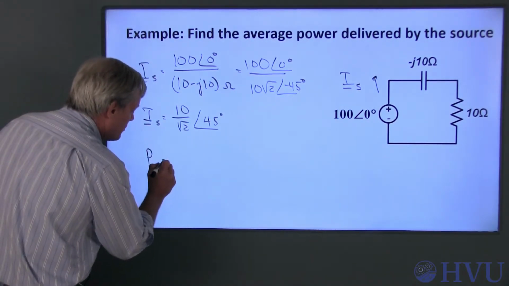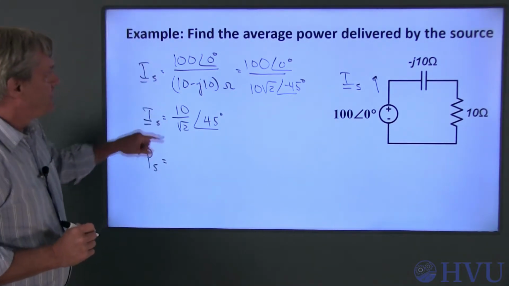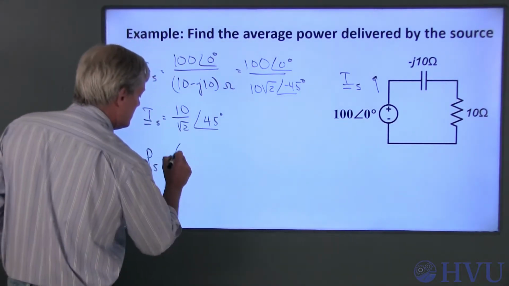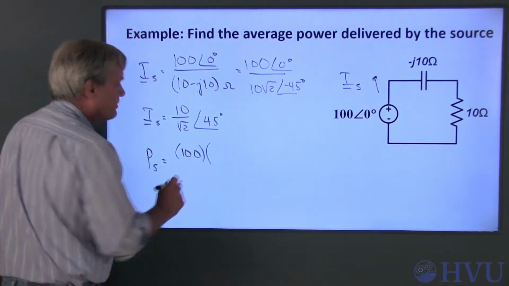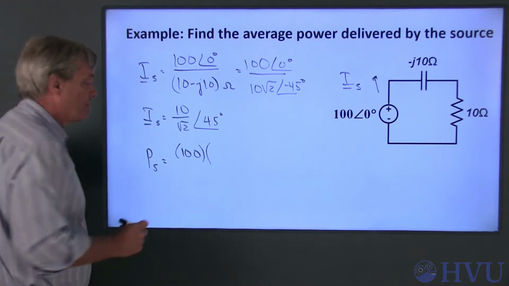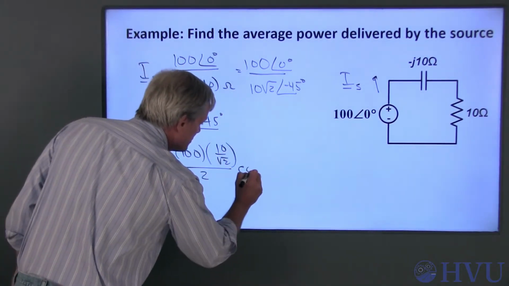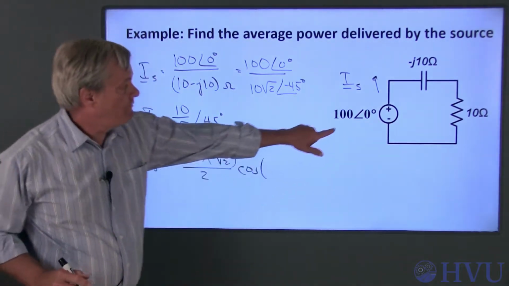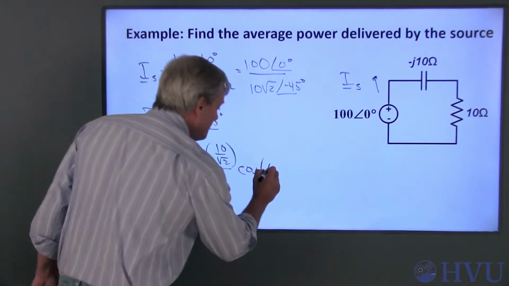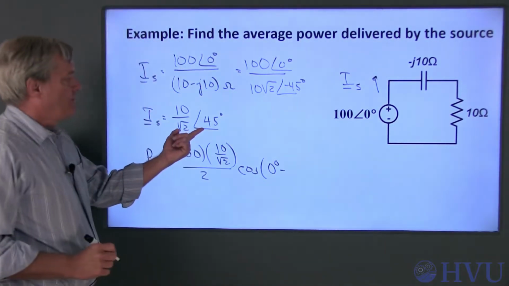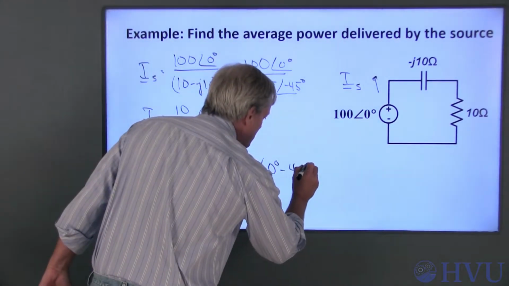The power of the source, therefore, is the voltage magnitude, which is 100, times the current magnitude, which is 10 over the square root of 2, over 2 times the cosine of the voltage phase, which is 0 degrees, minus the current phase, which is 45 degrees.